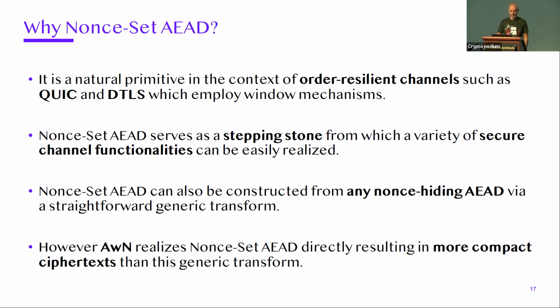Alternatively, there's another construction of how to construct Nonset AEAD. It can be realized in a black box manner, or in a generic way, using nonce-hiding AEAD via a straightforward generic transform. However, the construction we've seen, the AWN construction, has the advantage that it yields more compact ciphertext than this generic transform using nonce-hiding AEAD.